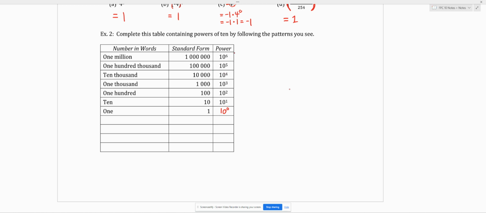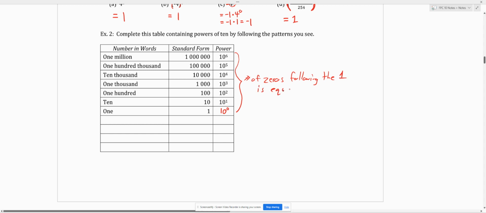But there's something really helpful here when we look at this all: anytime we take a 10 and raise it to a positive exponent, the number of zeros following the 1 is equal to the exponent.